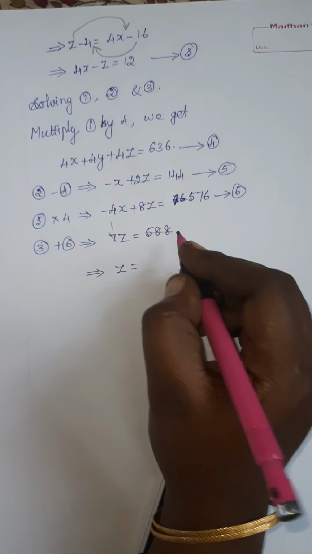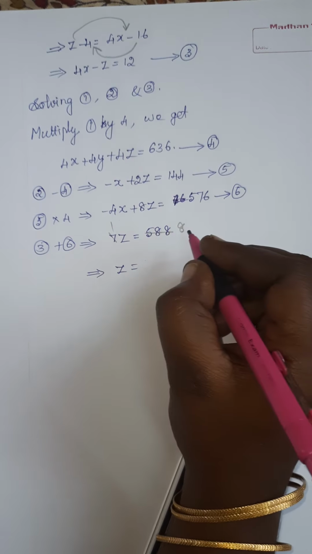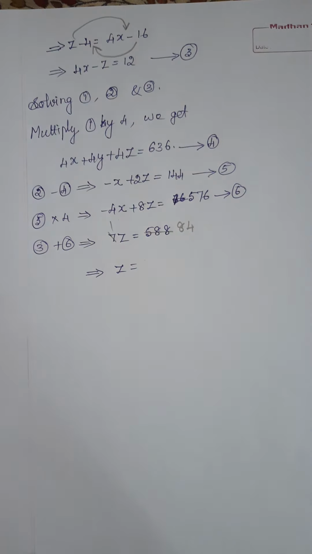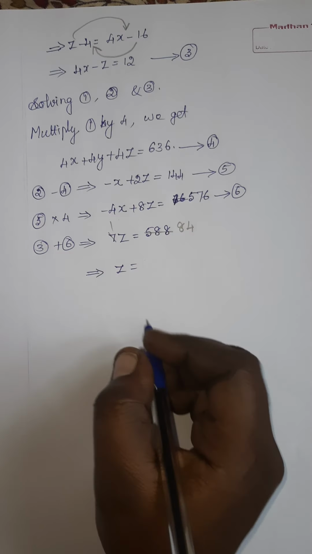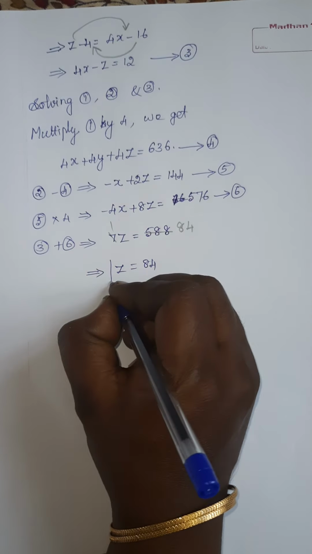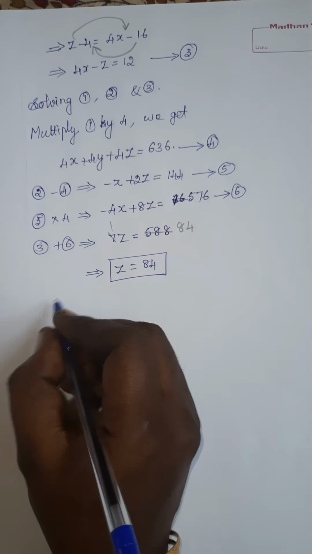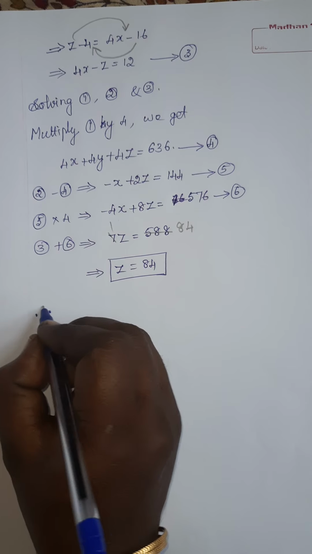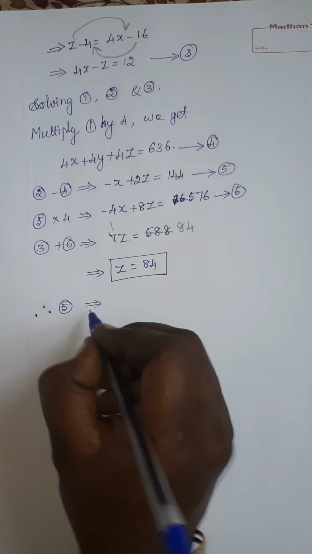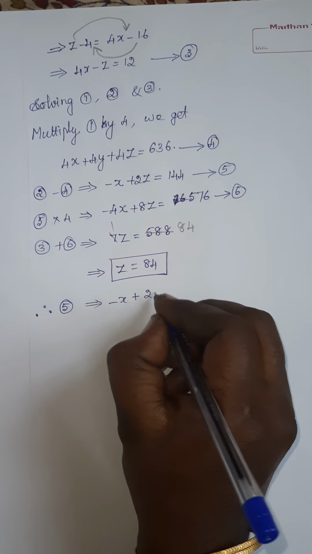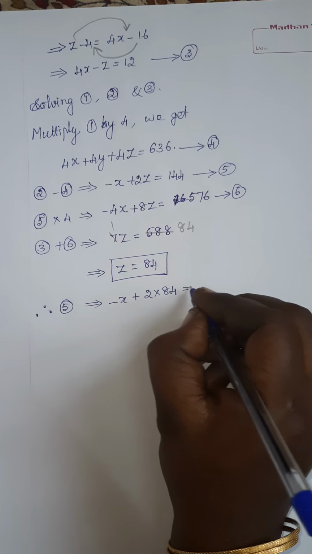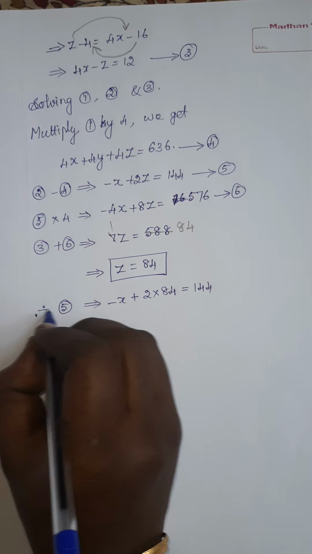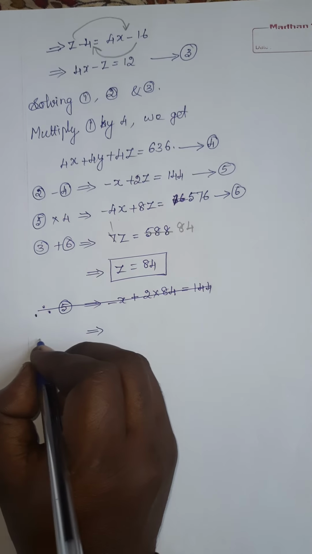Using the 7 table, you can cancel. 1 7 is 7. 8 7s are 56, remainder 2, 28. So 4 7s are 28, it is 84. Okay, so you get the z value is 84. Substitute this z value in the fifth equation. Better, not this one, the third equation you apply.